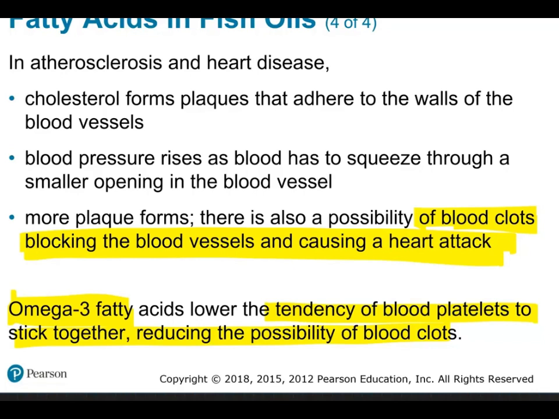Studies that show that consumption of omega-3 fatty acids as supplements, which you can buy in any pharmacy, make a difference on top of the drugs that people with those conditions take, those studies are inconclusive. Am I making sense? We don't have enough data showing the benefit of omega-3 fatty acid supplements. We don't know.